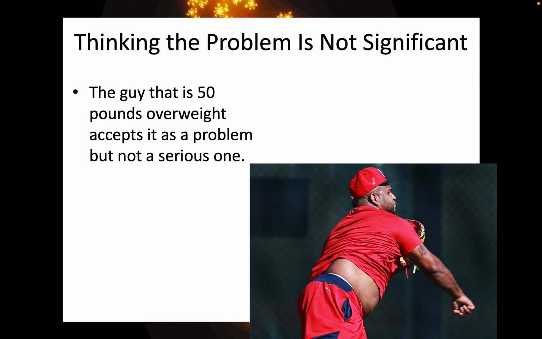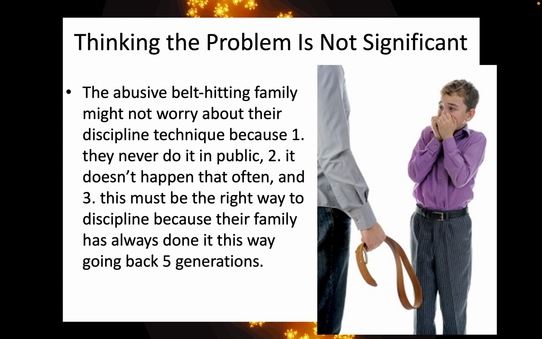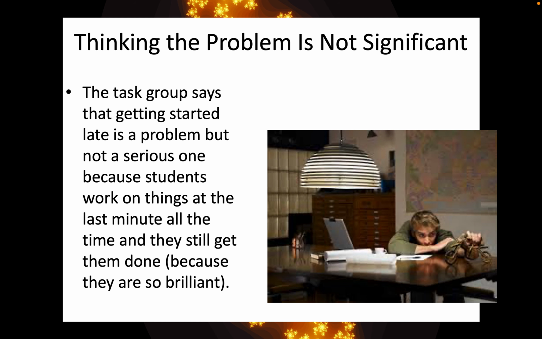The guy that is 50 pounds overweight accepts it as a problem, but not as a serious one. The abusive belt-hitting family might not worry about their discipline technique because 1, they never do it in public, and 2, it doesn't happen that often, and 3, this must be the right way to discipline because their family has always done it this way going back 5 generations.